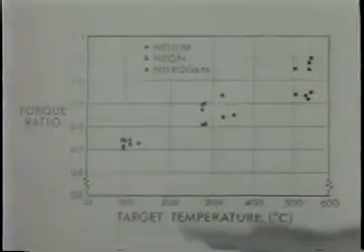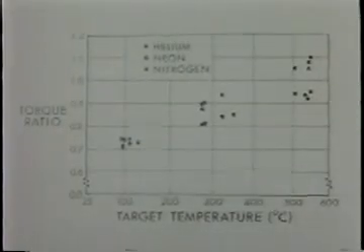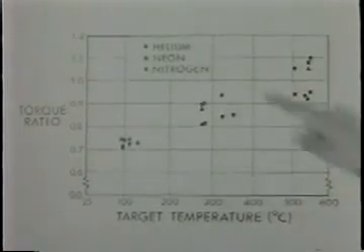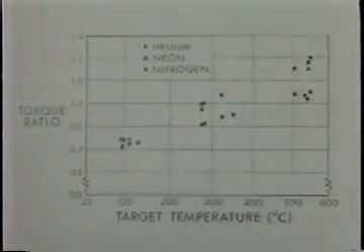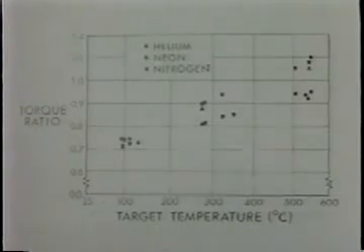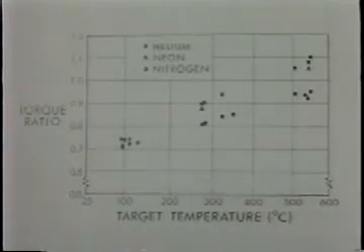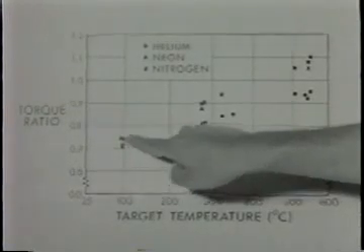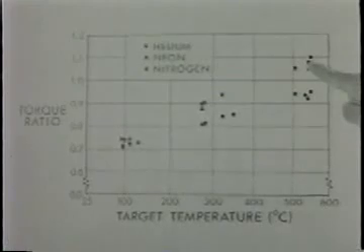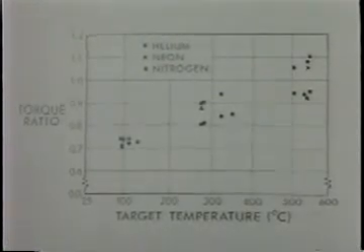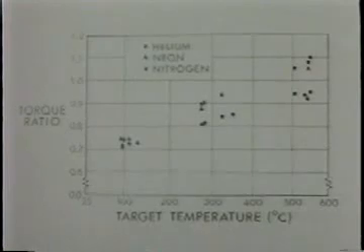Here is a collection of results of tests similar to those you have just seen, but with beams of various gases striking the aluminum target. The source pressure has been held constant throughout. Our results for nitrogen lie here. Calculations show that the torques for molecules which have been re-emitted in equilibrium at the target temperature, that is, perfectly accommodated, should lie here, along this line.